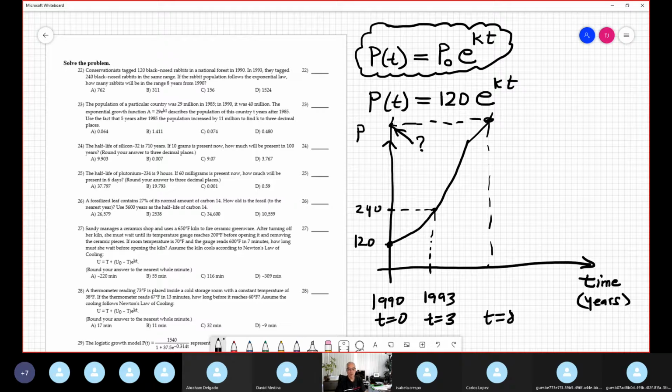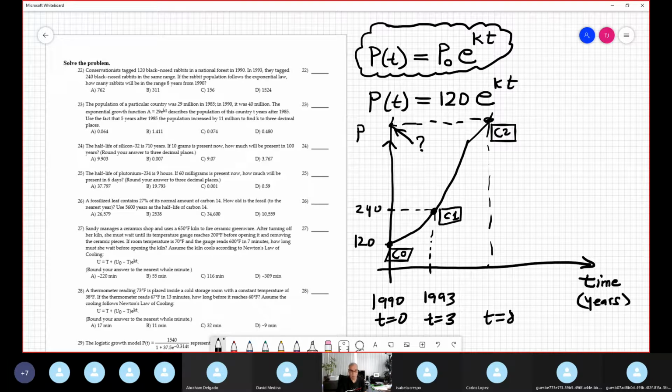Okay, so I have, as always, condition 0, which is the initial. Condition 1, in which we have whole information, time and rabbit amount. And this allows me to find the k. And k gives me information how fast the exponential is increasing. And finally, condition 2, in which you have incomplete information. We have the time, but we have no rabbit count.